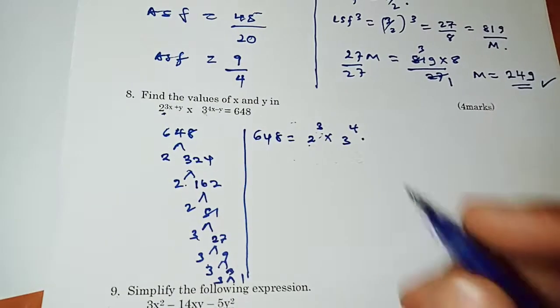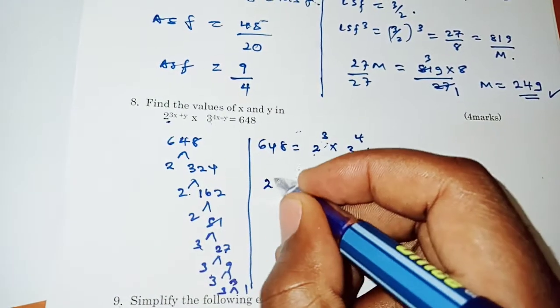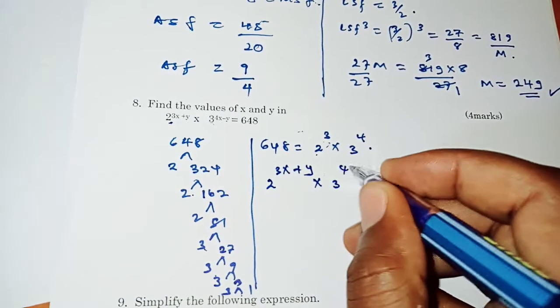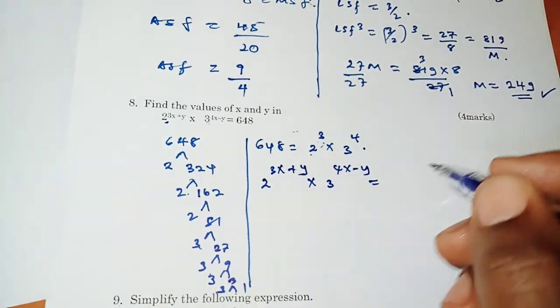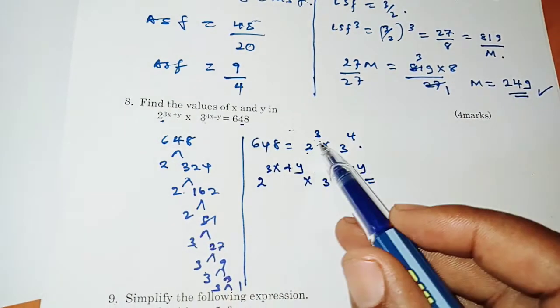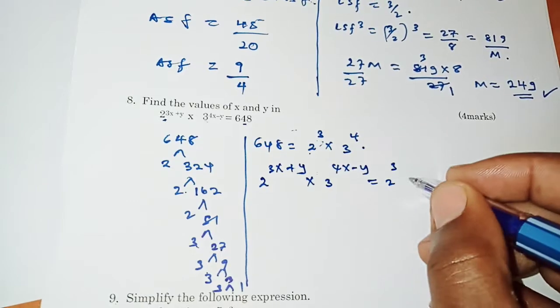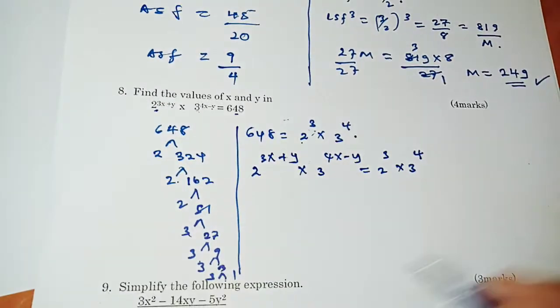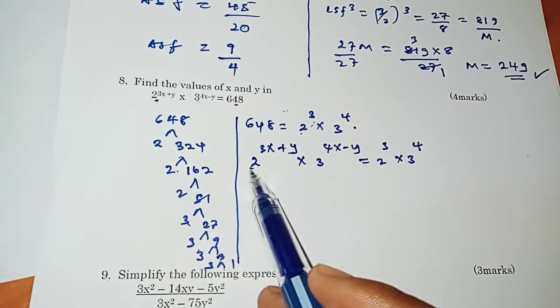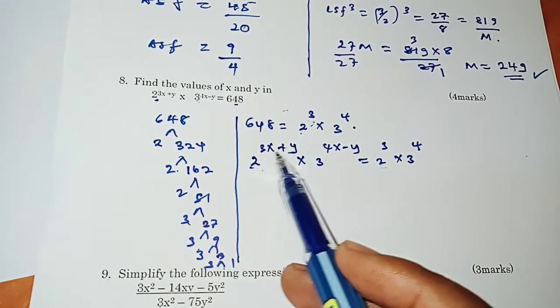right? So we have 2 to the power of 3x plus y times 3 to the power of 4x minus y. Actually, I'm writing what we have on the left hand side, and then on the right hand side, instead of writing 648, we get 2 to the power of 3 times 3 to the power of 4. So it's a matter of comparison and now equating. So you can say this compares to this, so the powers are also equal.